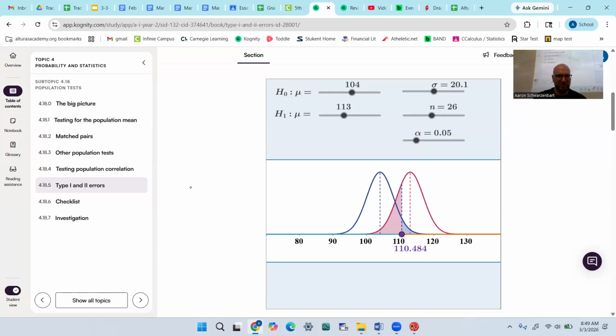And it falls within the acceptance window for H naught on the blue, even though red's mean is clearly outside of the acceptance window. But I've got all this probability here that falls within that range. That's my type 2 error.